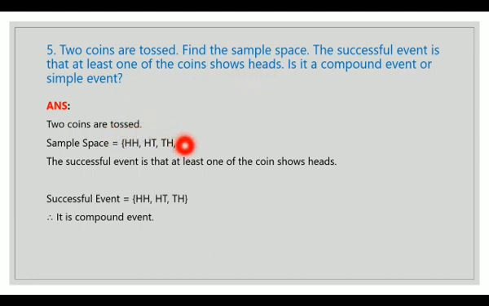At least one head means one or more heads. So TT is not possible. At the least we want one head, but more than one head is also okay. So the successful event is HH, HT, TH. Is it a compound event or simple event? It is a compound event.